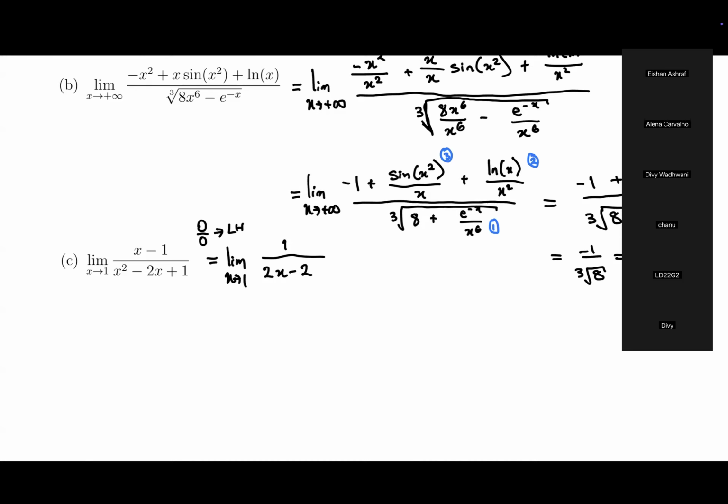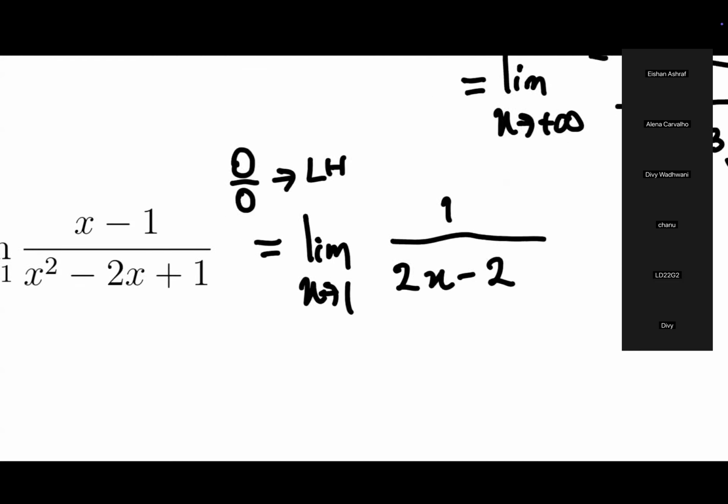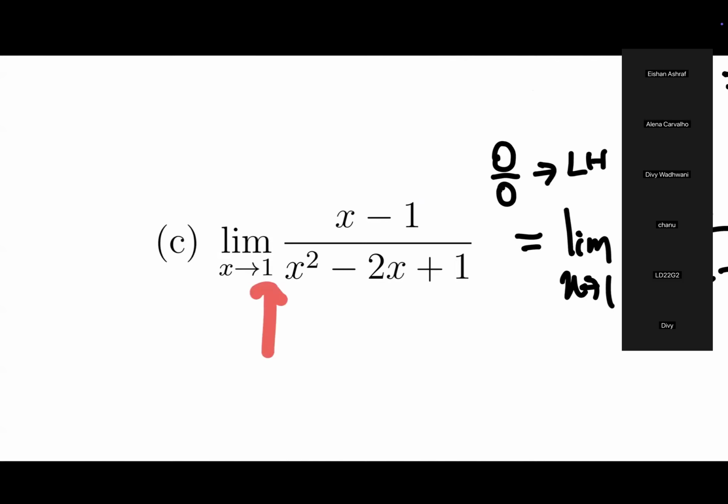Not exactly, because if we apply direct substitution once more, we'll get 1/0, which sometimes could be a valid answer, where we'd say the limit tends to infinity. But the issue here is that we are not looking at a one-sided limit, we're looking at a two-sided limit.